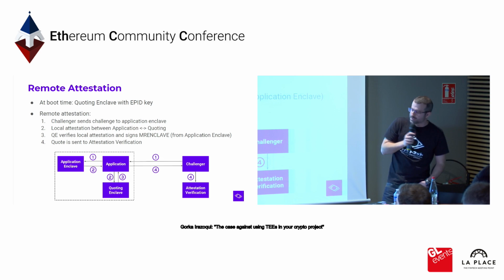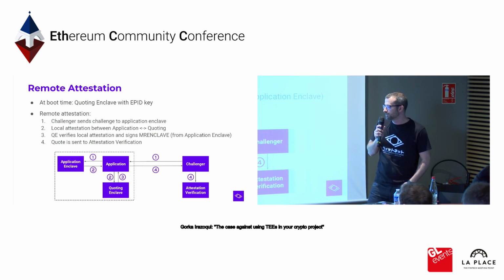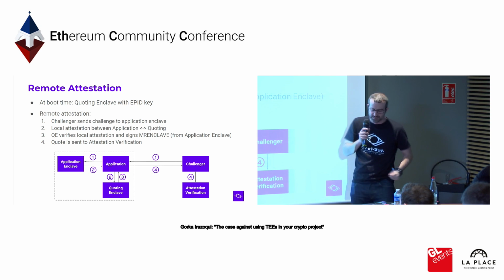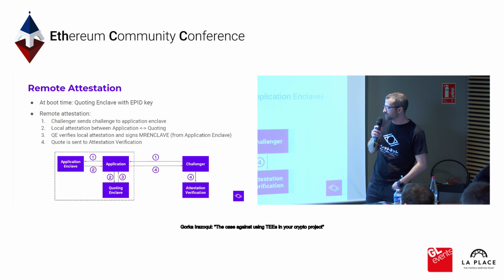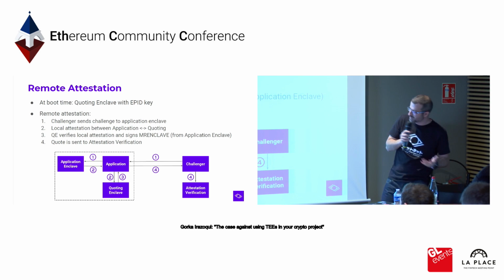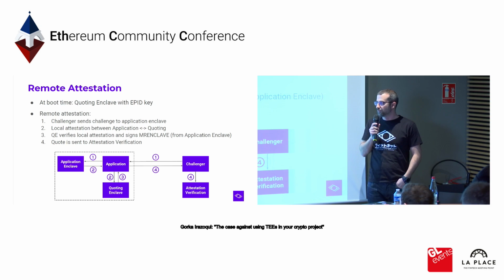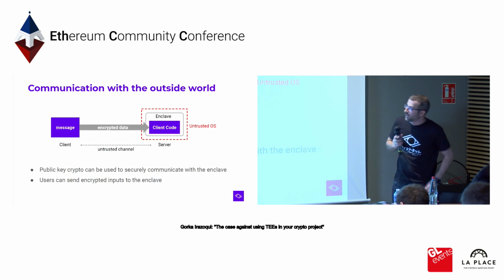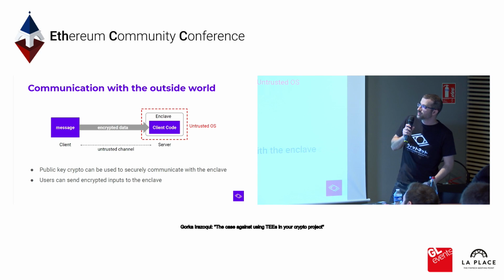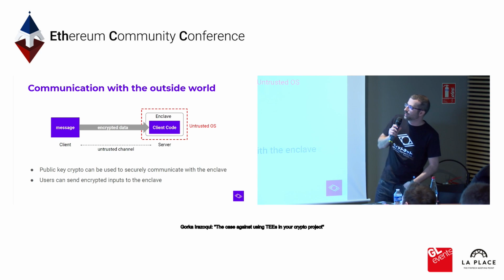Once the challenger receives this report, either he knows some public key to verify it, or maybe he could also request a third-party service from Intel, for example, to verify that this report is correct and valid. And the other thing is that we can have communication from the outside world.